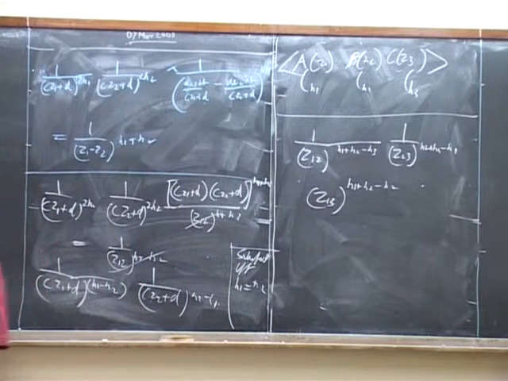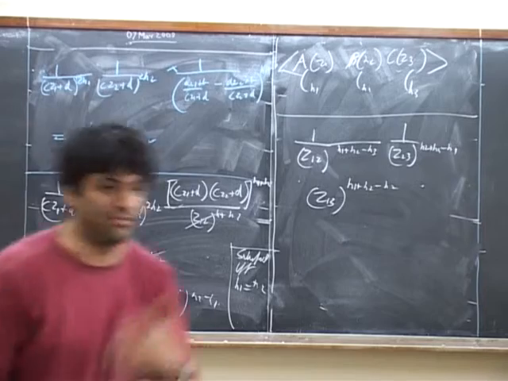Now the dependence of Z1, Z2, Z3 is necessarily fixed to be of this form, times some overall constant, which of course math determines.